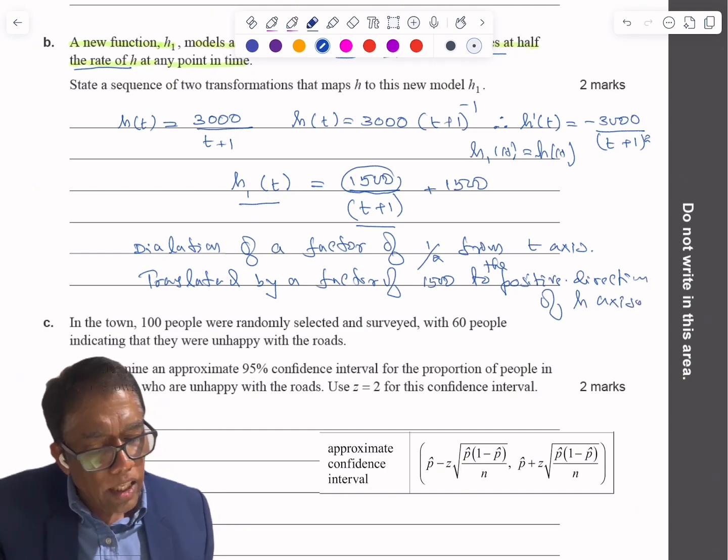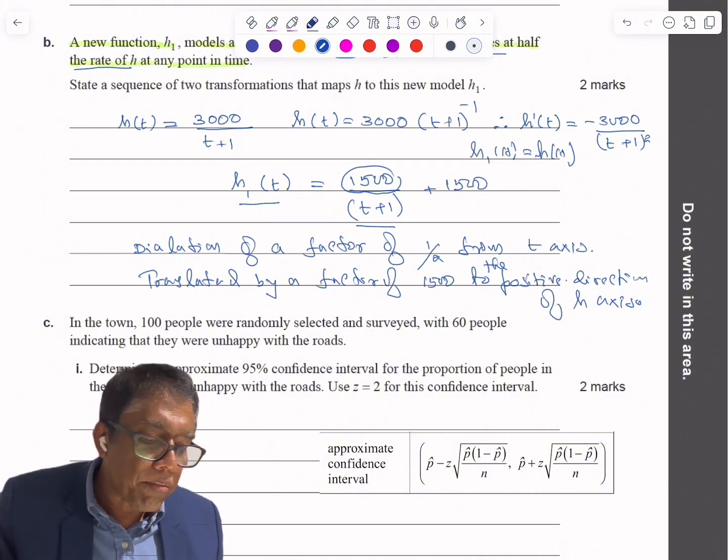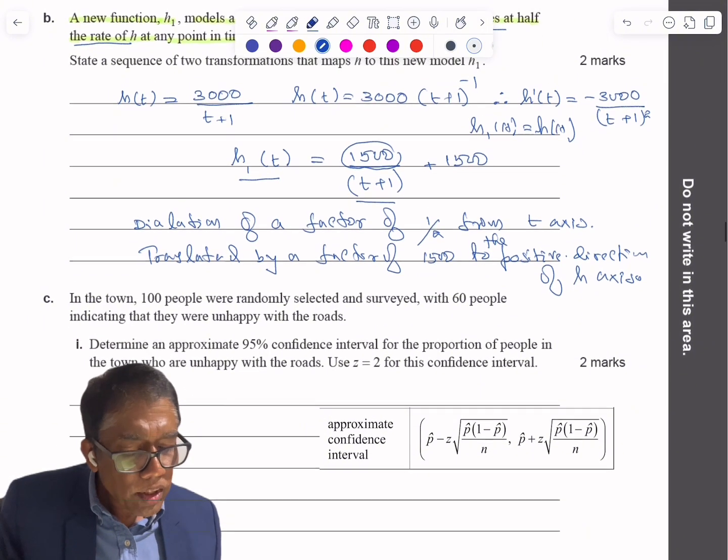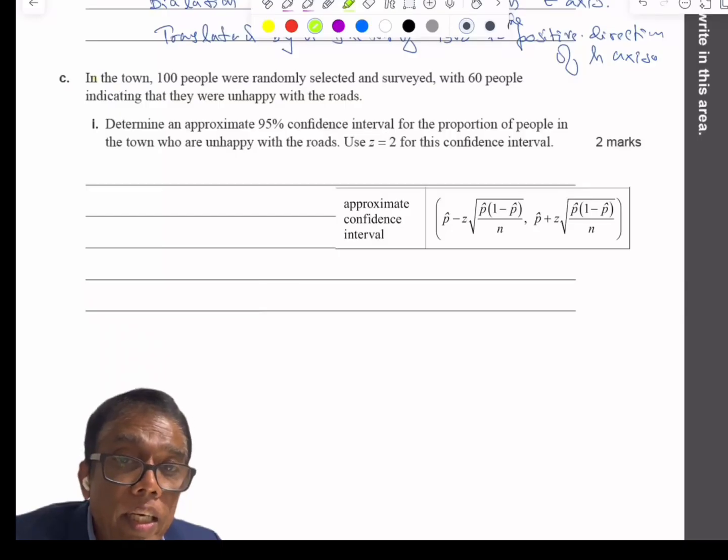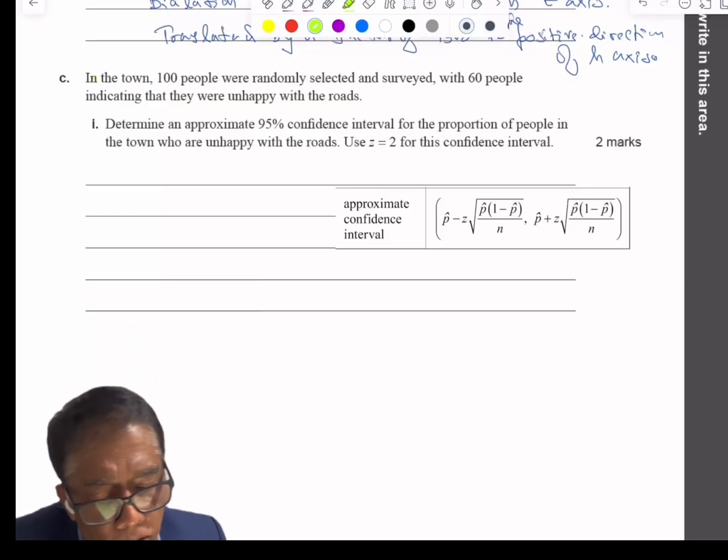These are the transformations. State the sequence of the two transformations that maps h to h1. These are the transformations. Okay, let's move to part C of question number 5.